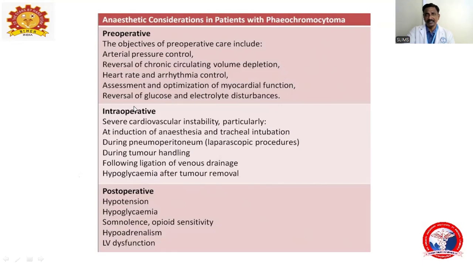During the intraoperative period, the anesthetic considerations are severe cardiovascular instability, particularly at induction of anesthesia and tracheal intubation, during pneumoperitoneum in laparoscopic procedures, during tumor handling, following ligation of venous drainage of the tumor, and hypoglycemia after tumor removal. Anesthetic considerations during the postoperative period include hypotension, hypoglycemia, somnolence, opioid sensitivity, hypoadrenalism, and left ventricular dysfunction.